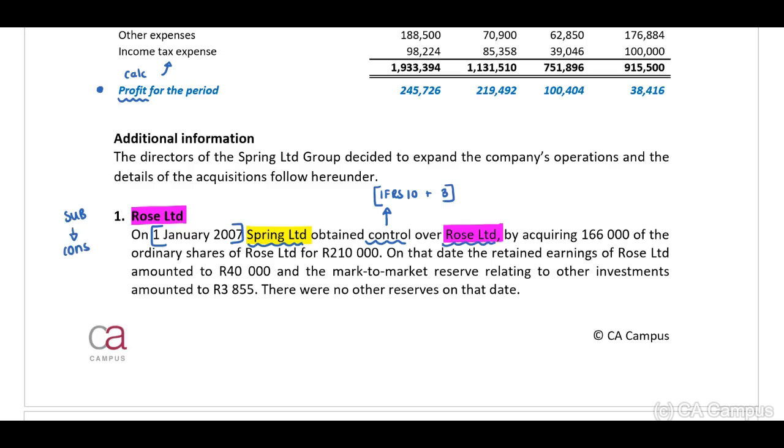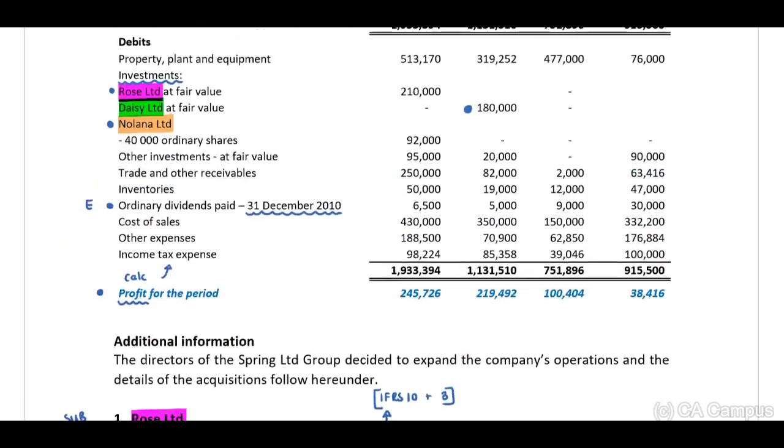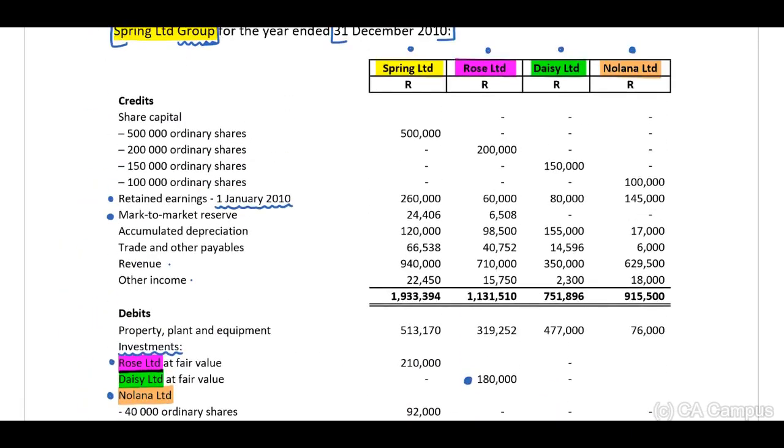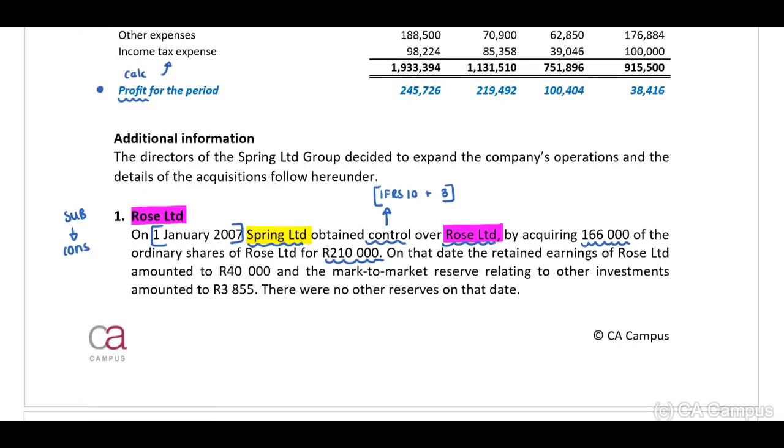By acquiring 166,000 of the ordinary shares of Rose for 210,000 Rand. Now, how many shares does Rose have? When you look at the share capital, Rose 200,000 Rand. Therefore, you're able to calculate this percentage. It's 166,000 divided by the 200,000.